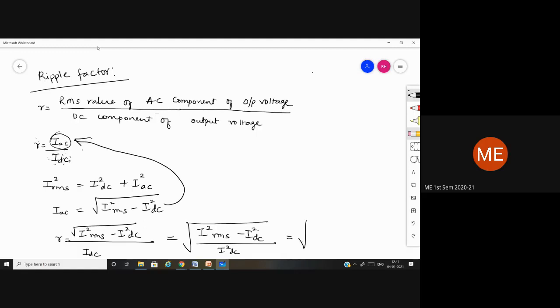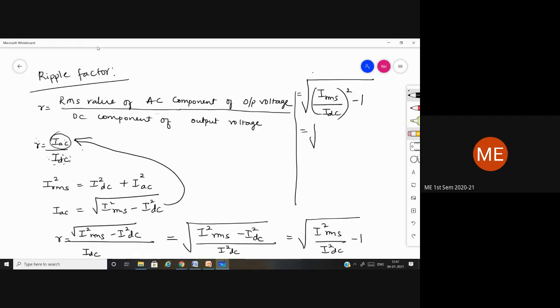That is equal to root of I square RMS by I square DC minus 1. So the next step is root of, IRMS by IDC whole square, minus 1.